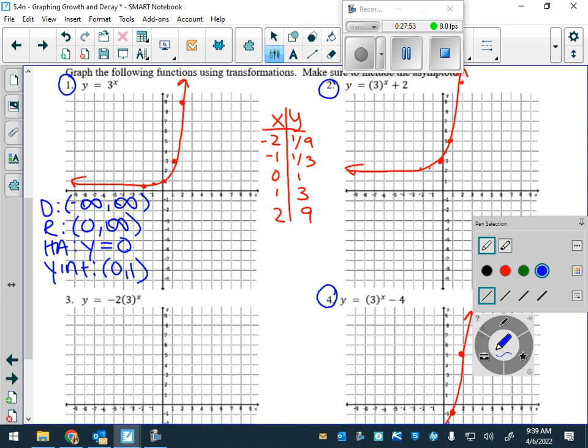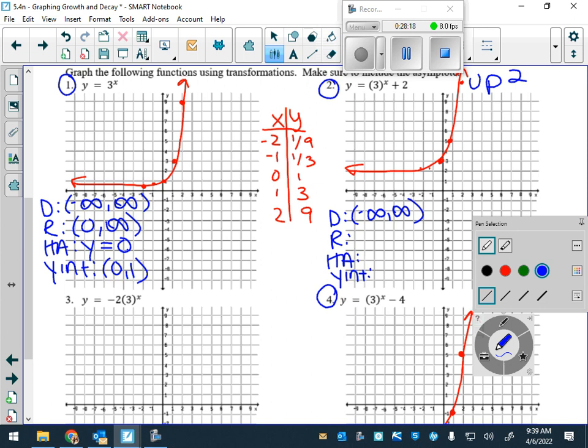Okay, now looking at number 2, we moved up 2. So what is our domain, Alina? Negative infinity to infinity.